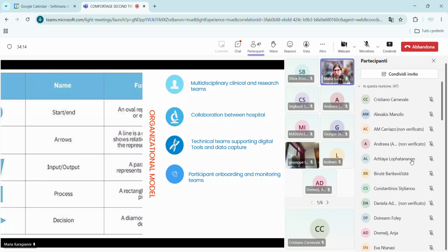So here there is a multidisciplinary clinical research team, collaboration between hospital, technical, and supporting digital tools and data capture, participant onboarding and monitoring teams. This is all the organizational model that makes this study possible.